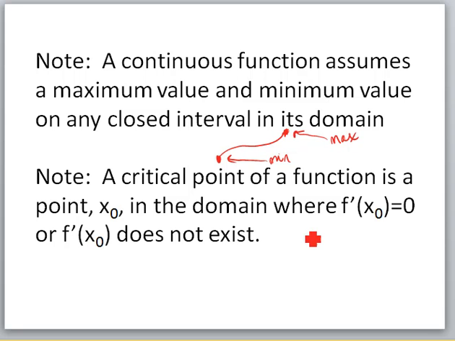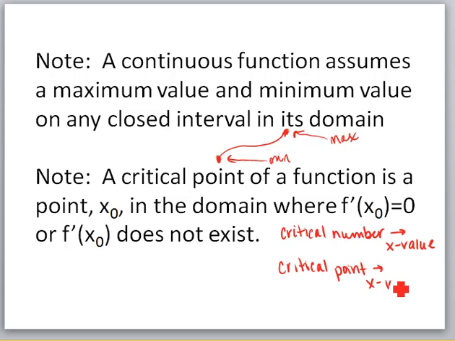Now I want to go ahead and talk about, really fast, the words critical number and critical point. So critical numbers, if you're asked to find a critical number, you only need to find the x value. If you are supposed to find the critical point, you need to find the x and the y values. So please take note of that so that you're answering questions properly.